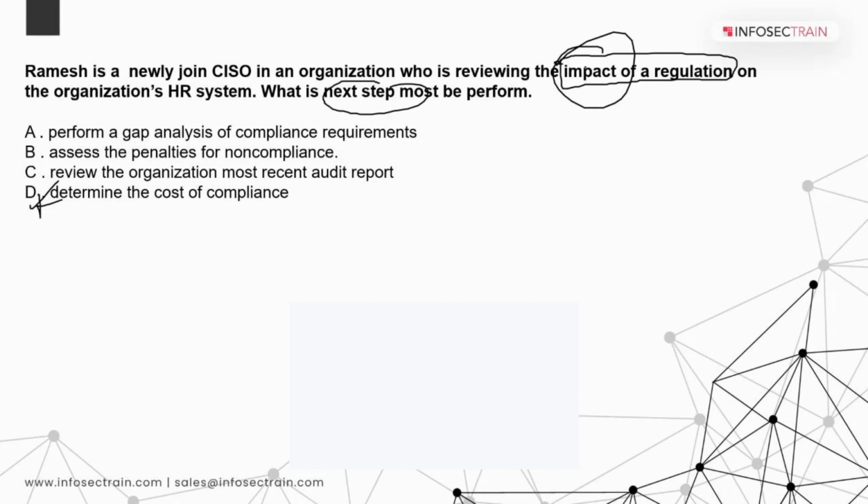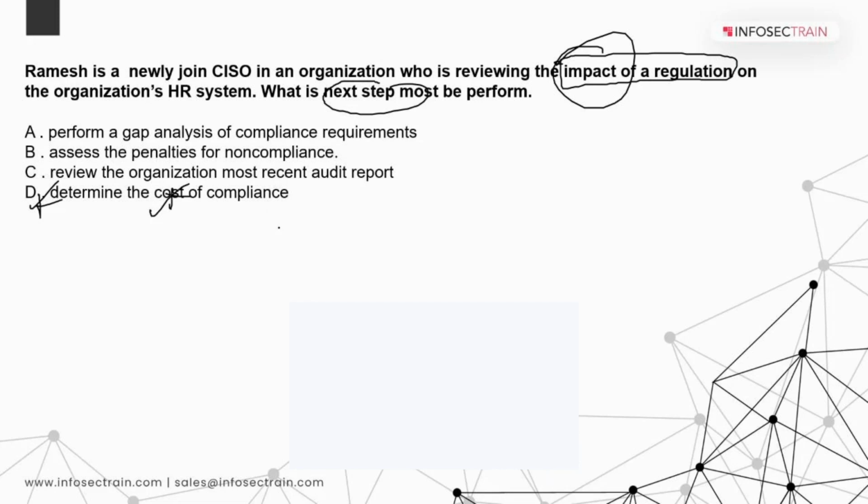What is the first step? He wants to evaluate the impact. This is the first thinking. So what will he do? No, not reviewing the organization's most recent audit. Is it possible that if you check the audit report you will get the impact of regulation?